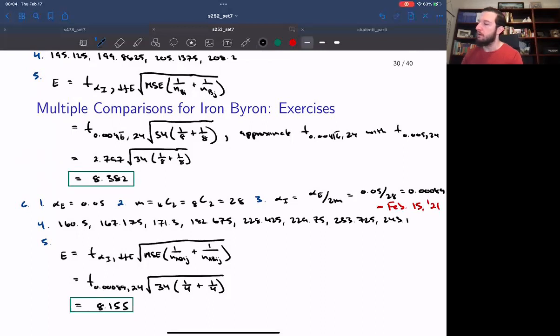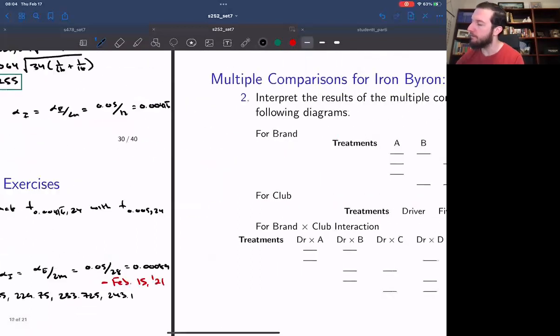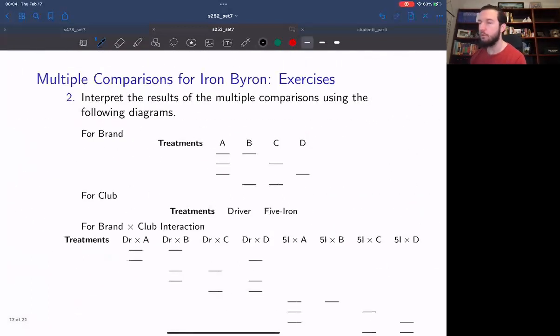Okay, so on slide 32, we have the results from all of the multiple comparisons. So what we are going to do here is determine where the differences actually lie. So first off, starting with brand, remember that anything that is connected or has 2 dashed lines that are beside each other represents no difference.